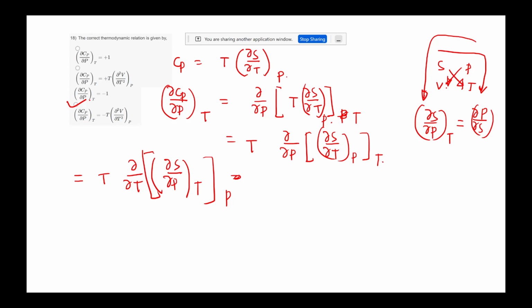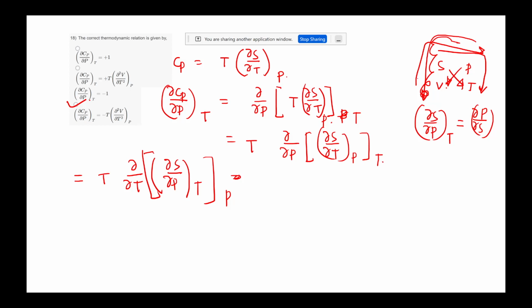Or did I make a mistake with V and T, S, P, T? Sorry, this is a mistake. So this arrow should be del V del T. The arrow should be like this, right?